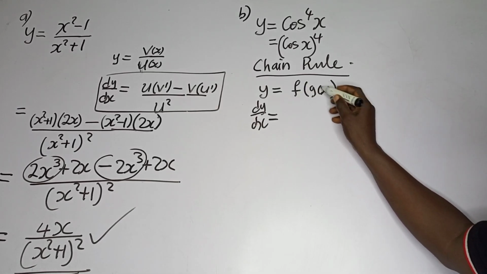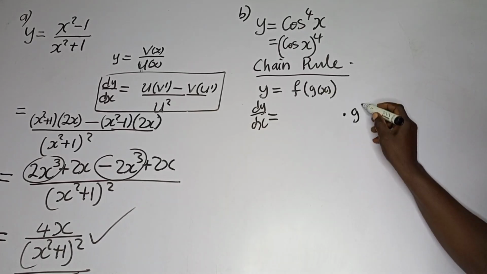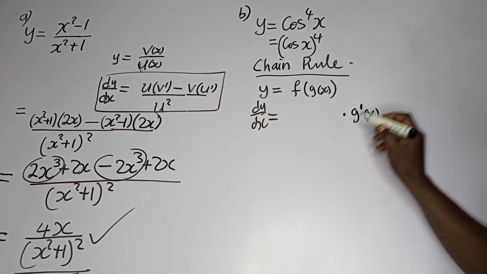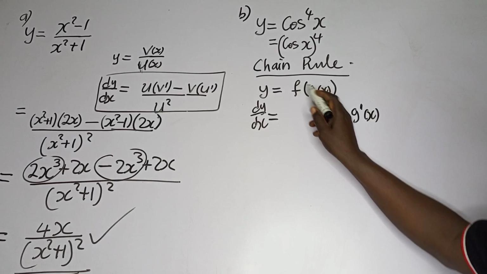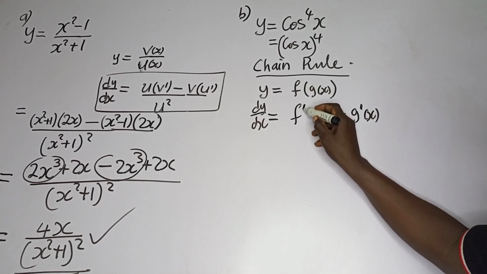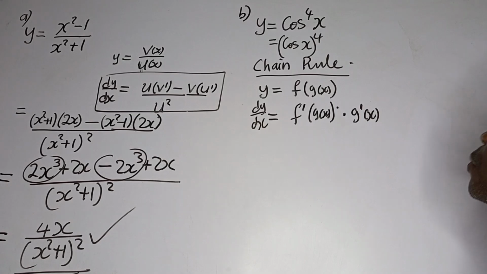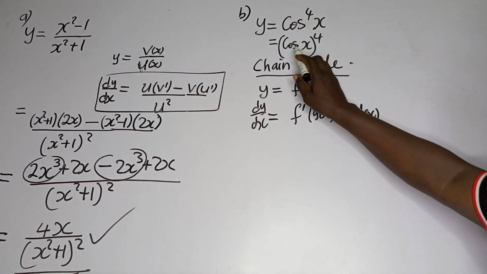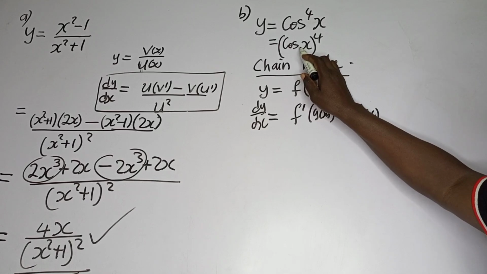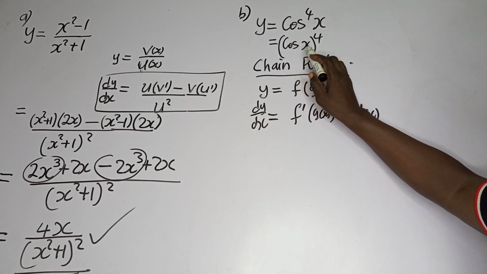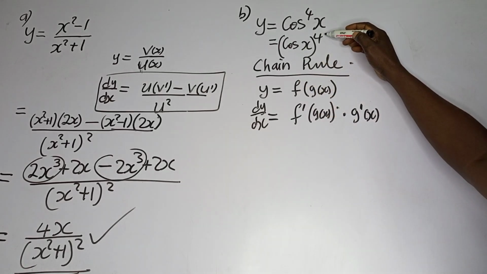We'll first of all differentiate the inner function. Okay, we multiply it out. We differentiate the inner function, and then now we differentiate the outer function with respect to the inner function, f with respect to g of x. Okay, so I'll explain that. Okay, so here our inner function is cos x. So our g is cos x, and our f is the power 4.